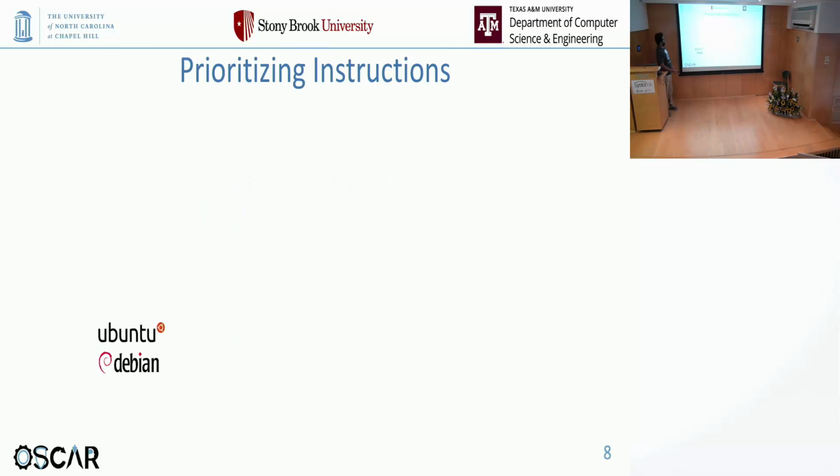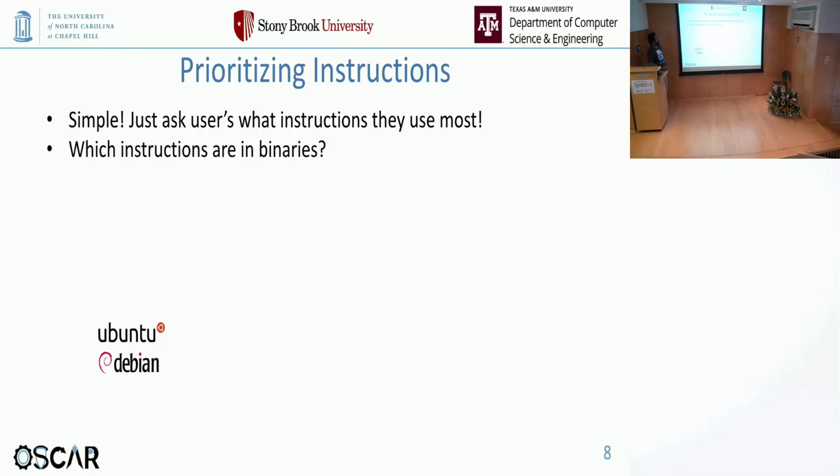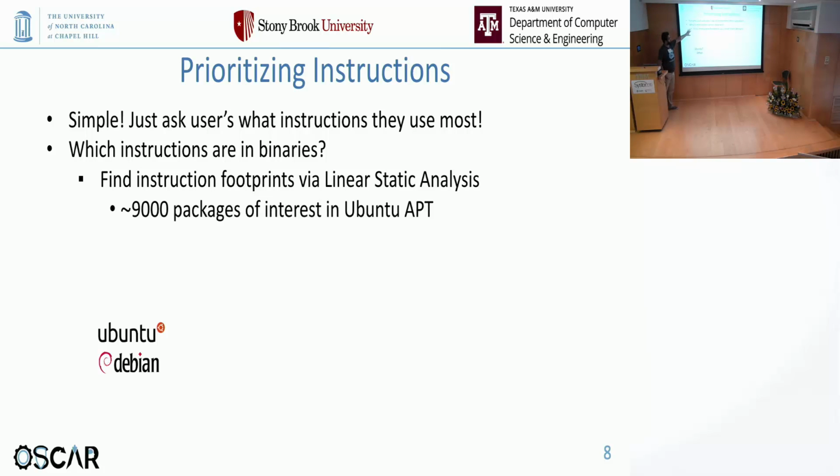So how do we do it? Well, the first thing we need to figure out is what instructions are in binaries. So we calculate instruction footprints, that is, all the instructions that a given binary uses. We do this by linear static analysis.